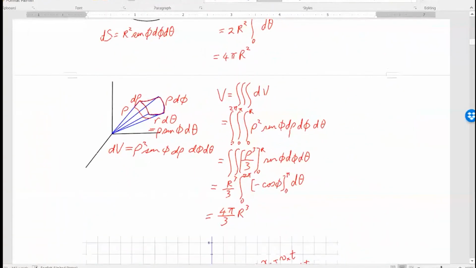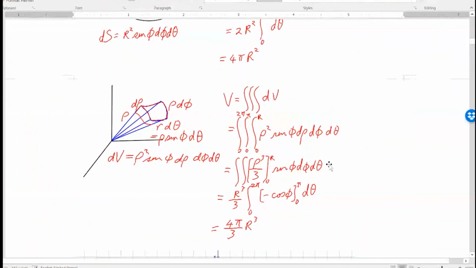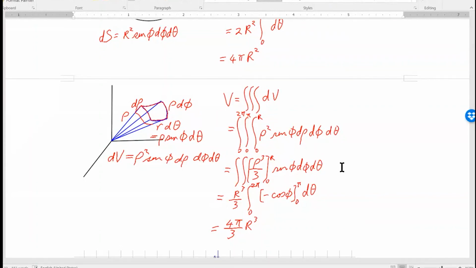And then, of course, the volume of a sphere, we do it with a triple integral. Hopefully by the time we get to this, at least most of you will be back in the classroom, so I can use my hand to show you this. It's really difficult to see this and imagine it on your computer screen. Any questions?